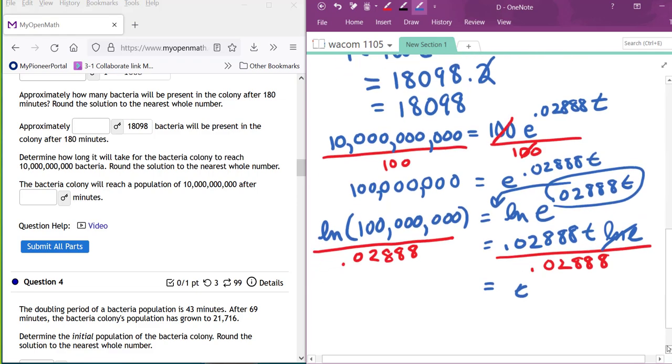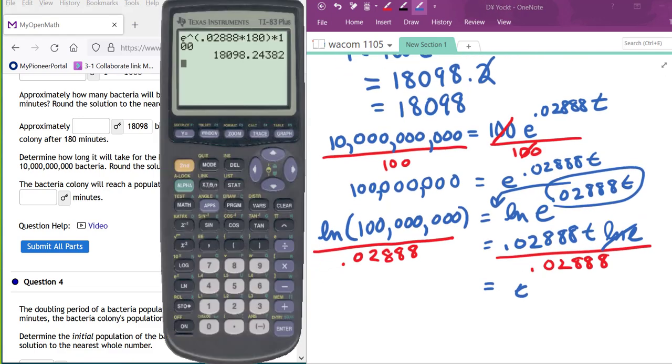So now I'll go to the calculator. And we have natural log. And I have a 1 with 8 zeros. Close. Divided by 0.02888. Enter.